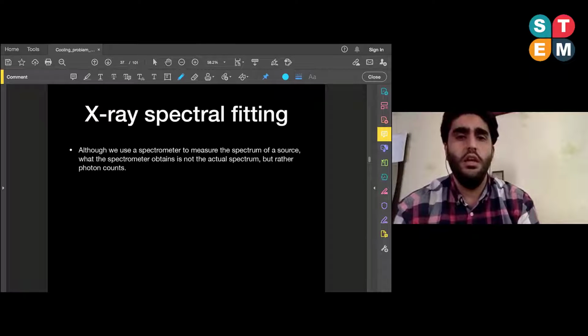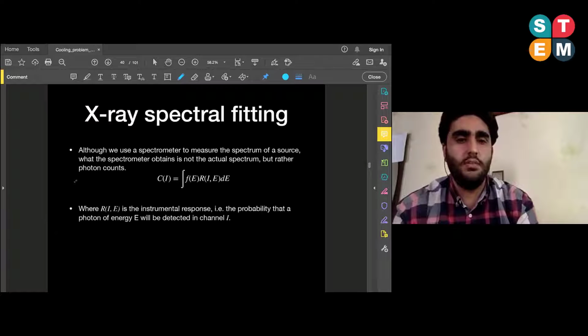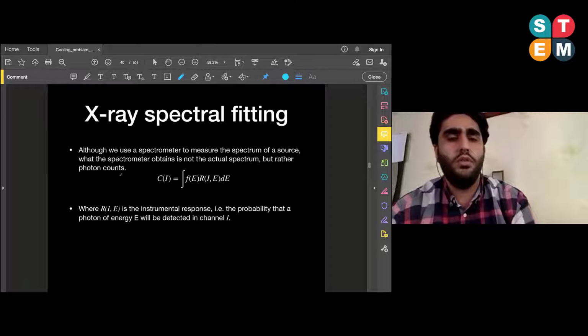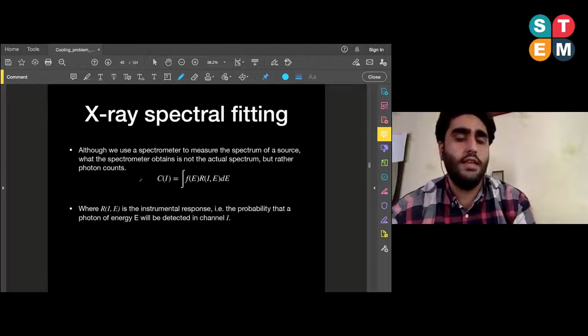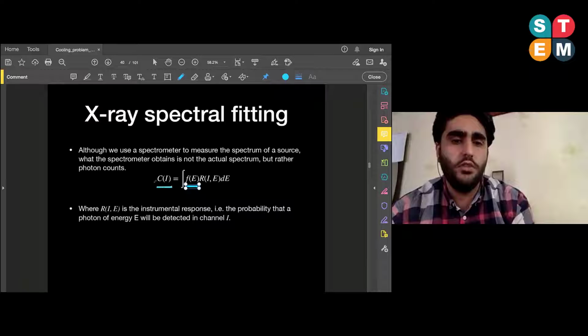So in order to explain our model, which is CPH, I need to explain a little bit about spectral fitting. An important takeaway message is that we don't observe a spectrum, we observe photon counts.